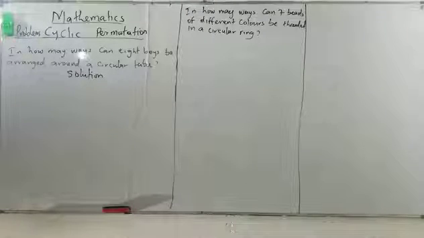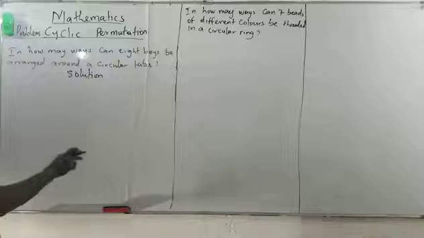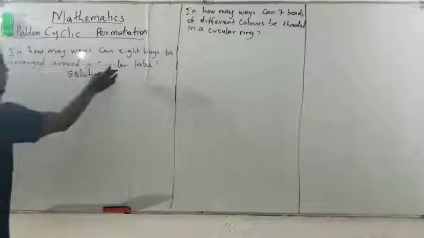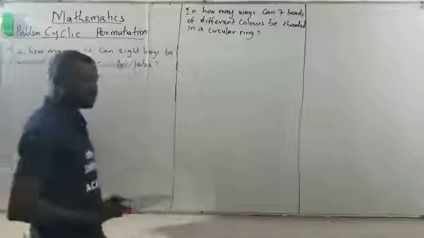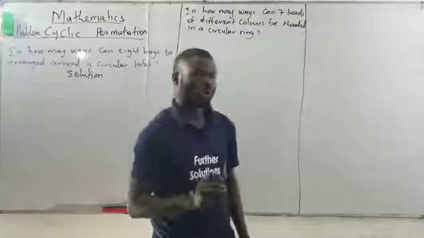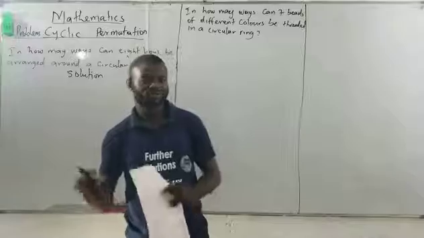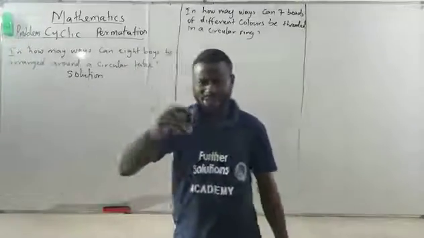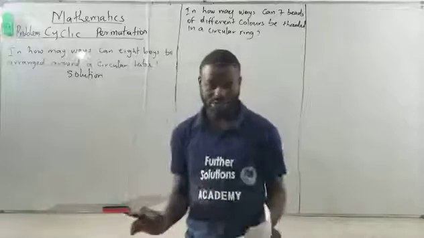Now, let's solve this particular problem. In how many ways can 8 boys be arranged around a circular table? I've told you there are two conditions: one is fixed, one is not fixed. This table, you can turn it around. It's not a fixed ring.